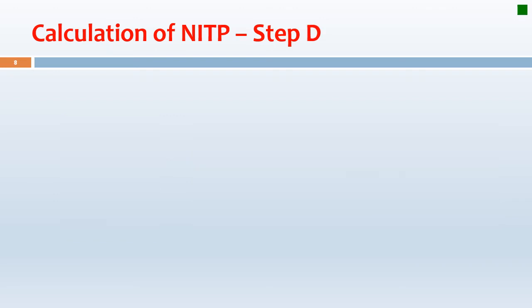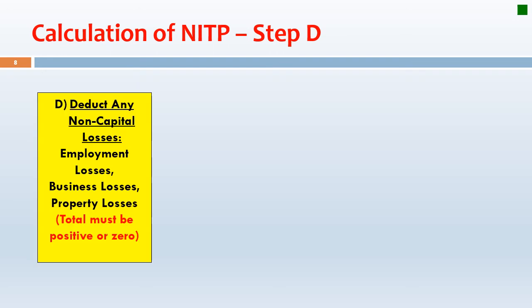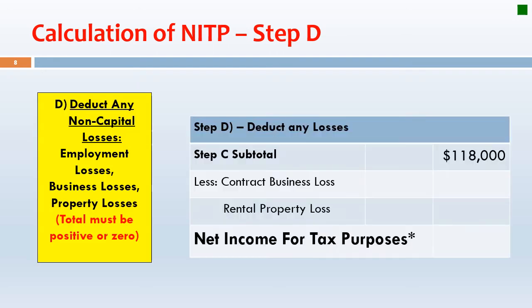In the final step, we're going to deduct any losses incurred during the taxation year from the Step C subtotal. Now in this example, the taxpayer has business and property losses during the year, which are going to be deductible from all forms of income earned thus far. So Dr. Kananga, in addition to his employment income, had a contract business on which he lost $9,500 during the year.